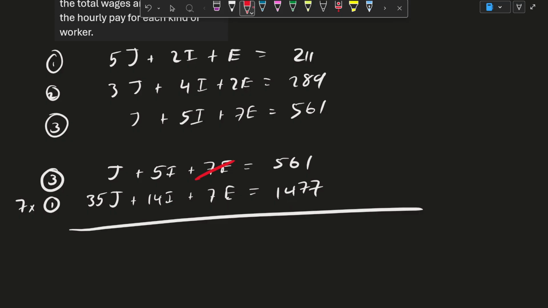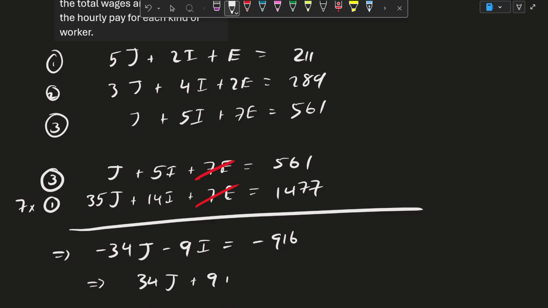So these two are going to knock each other out, leaving us with minus 34J minus 9I equals 561 minus 1,477, which is minus 916. So in other words, 34J plus 9I is equal to 916. And that's going to be equation 4.